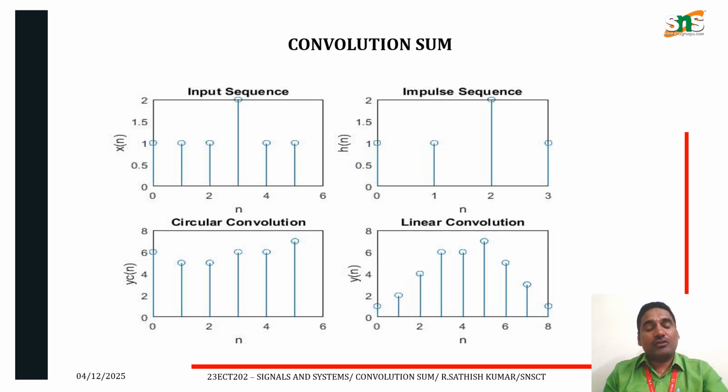That is, y of 0 is equal to 1, y of 1 is equal to 2, y of 2 is equal to 4, y of 3 is equal to 6, y of 4 is equal to 6, y of 5 is equal to 7, y of 6 is equal to 5, y of 7 is equal to 4, y of 8 is equal to 2. This is the output sequence of the convolution sum, input sequence convolved with impulse response sequence.